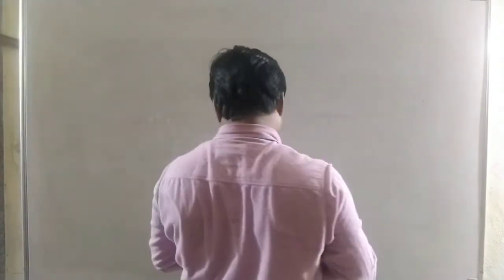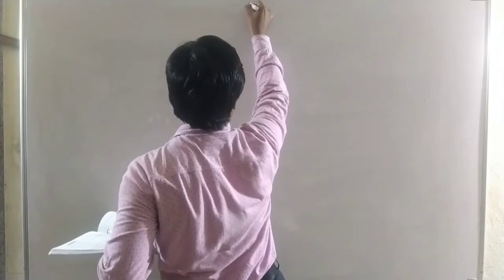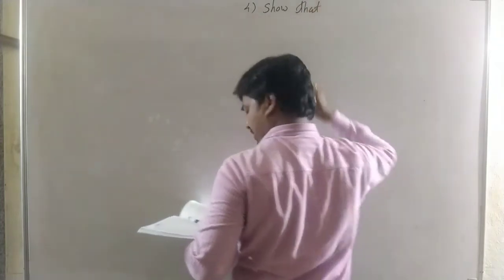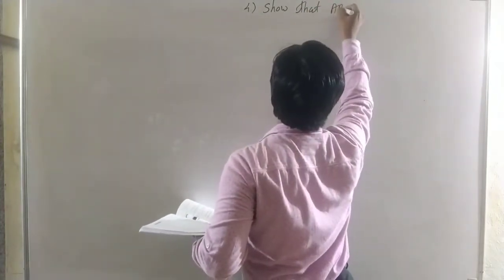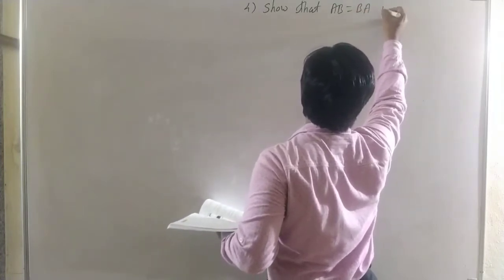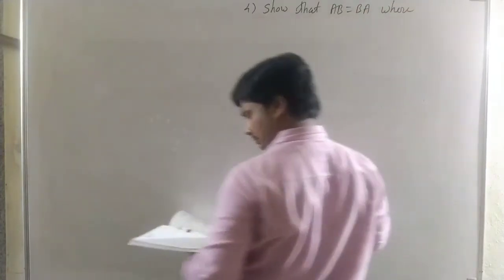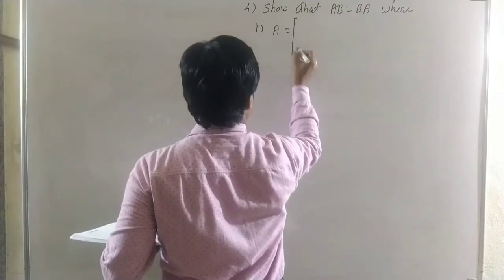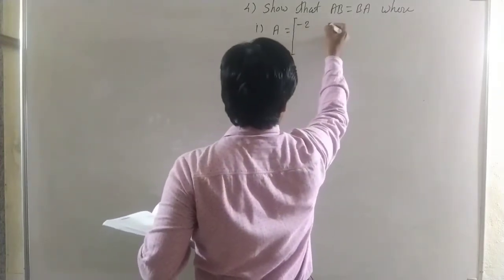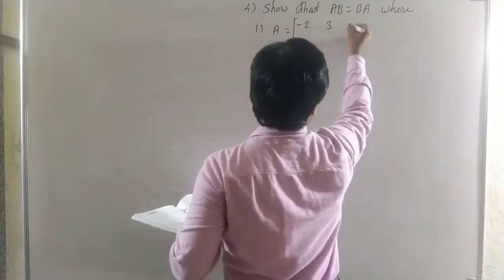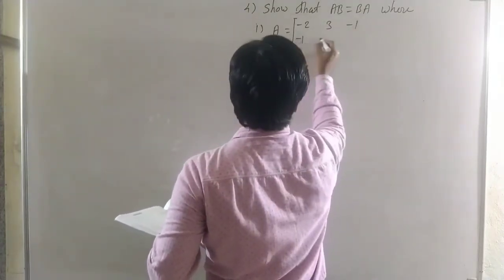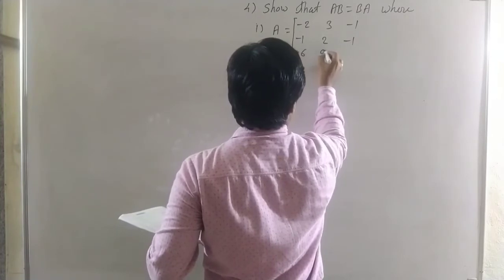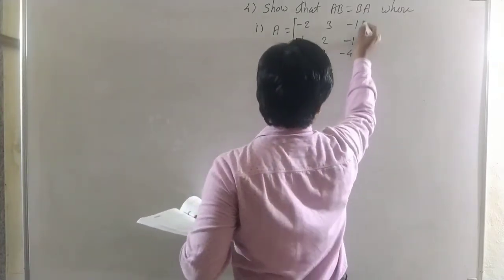Now next, the fourth example. Show that AB is equal to BA where, number 1, A is minus 2, 3, minus 1, minus 1, 2, minus 1, minus 6, 9 and minus 4.